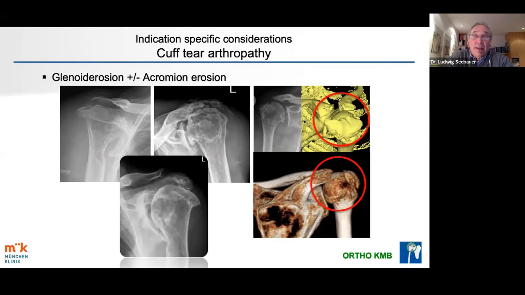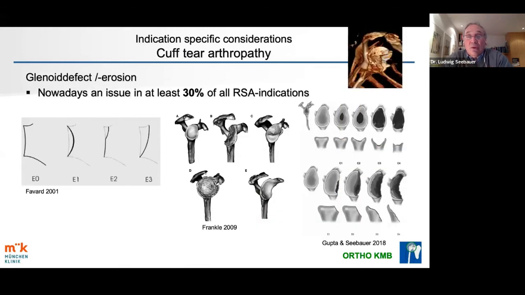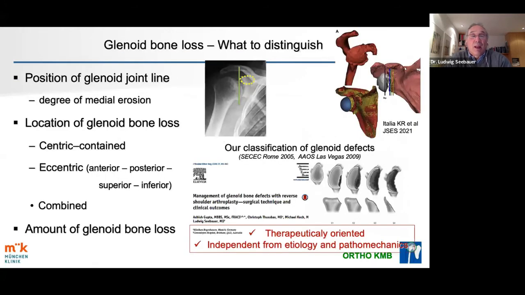And nowadays, if we look closely, at least 30% of the patients we treat primarily with a reverse shoulder arthroplasty show up with some type of glenoid erosion. I do not count into that the scapular spine or acromion erosion. Only the glenoid bone stock erosion is 30%.